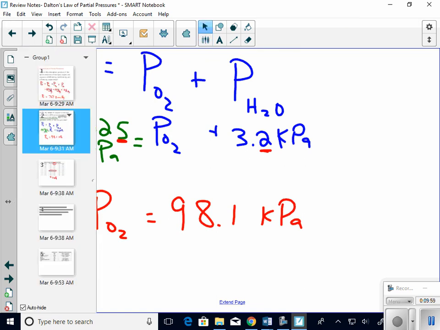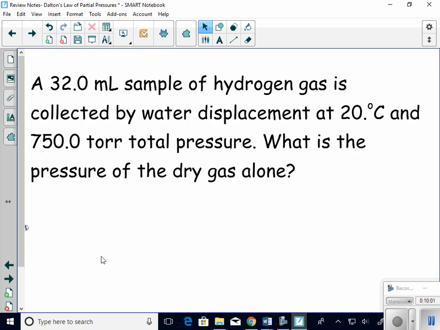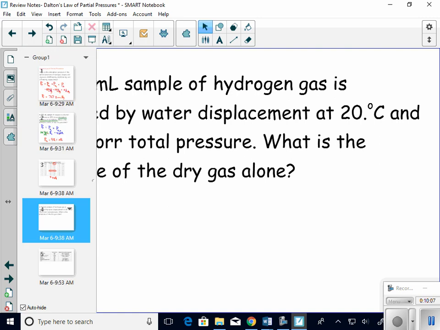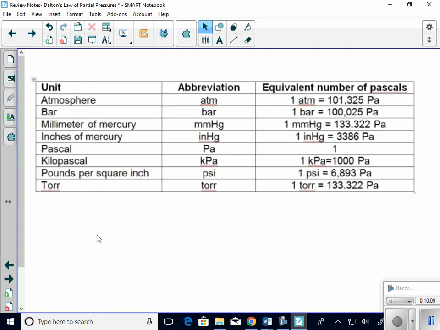Now my third example, I want you to copy something down before you get this example. I want you to copy this chart. This chart is going to save you from having to look up this stuff on the internet.